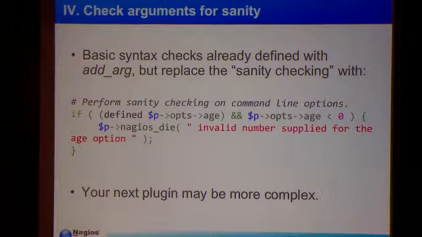Like if you were connecting to a database to run some sort of a more involved metric, whether you're measuring your business processes or whatever it is, at this point you might want to make sure that you can connect to the database and die if there was no password supplied, however you're doing it. In this case, if you supply an age less than 0, we're going to say that doesn't make any sense. Make sure it exists.